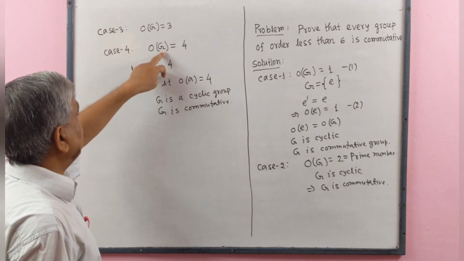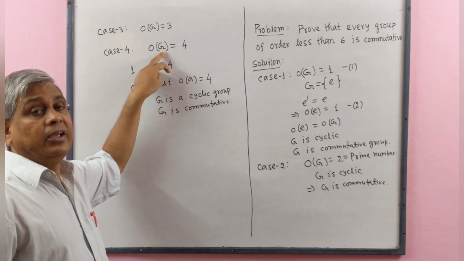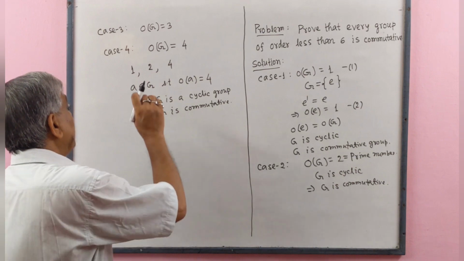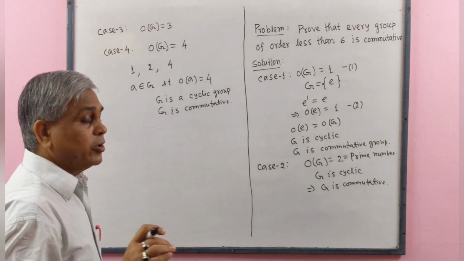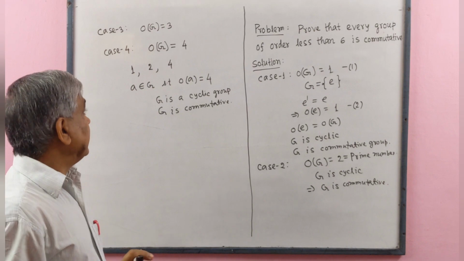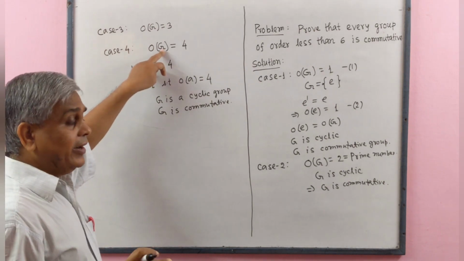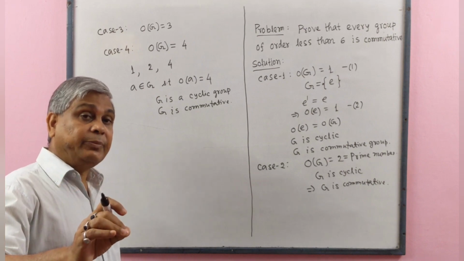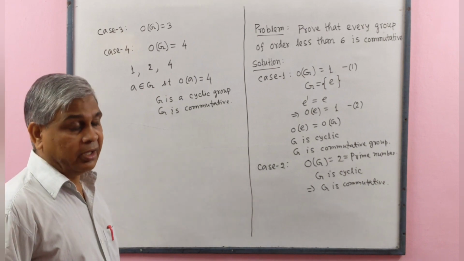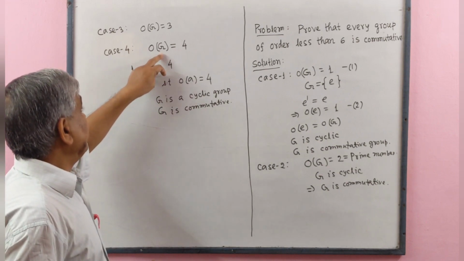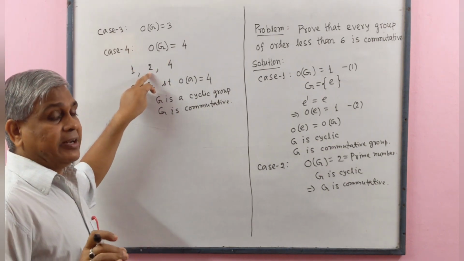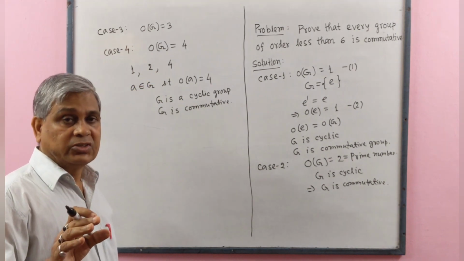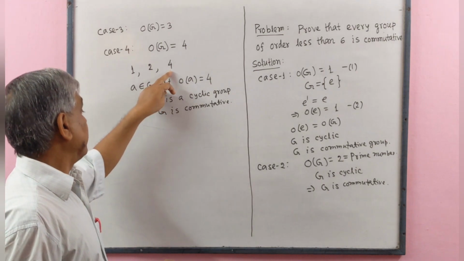Now let this group G does not contain an element of order 4. That means no element of group G is of order 4. Here the group contains at least one element, that is identity element of order 1, and therefore remaining elements will be of order 2, since no element is of order 4.